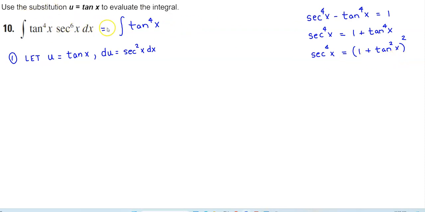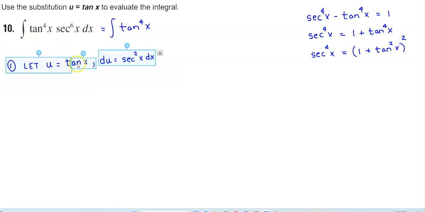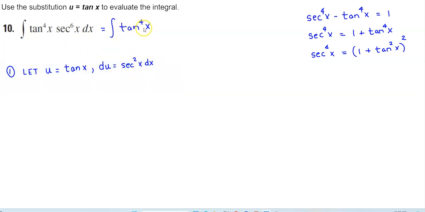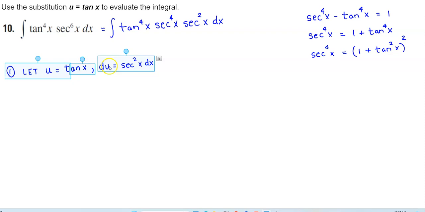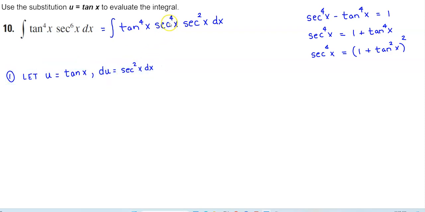So now up in the original question, we can rewrite this as the tangent to the 4th x times the secant to the 4th x times secant squared x dx. And now we can substitute the secant to the 4th x with what we have down here.